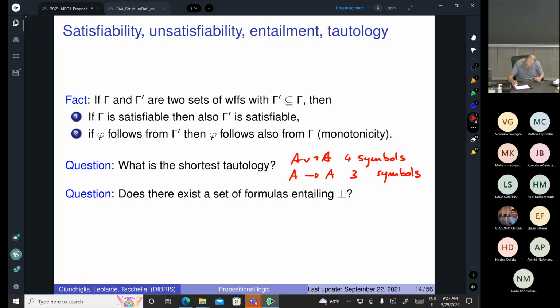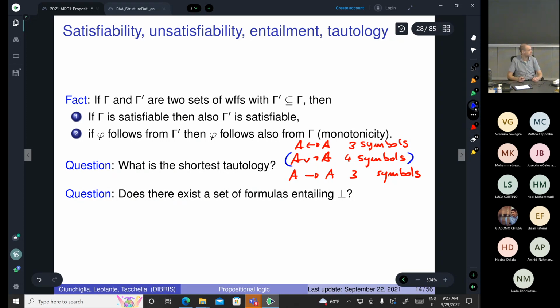So what about A if and only if these 3 symbols? Okay, so this one is not, because it's 4 symbols, but A if and only if A. So if A is true, that is true if and only if true, so it works.